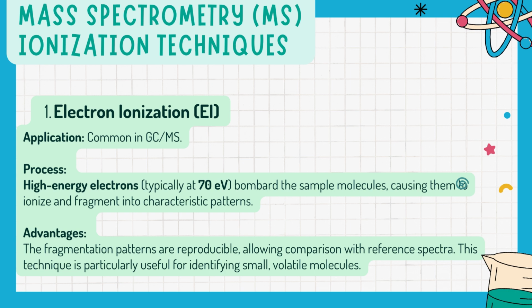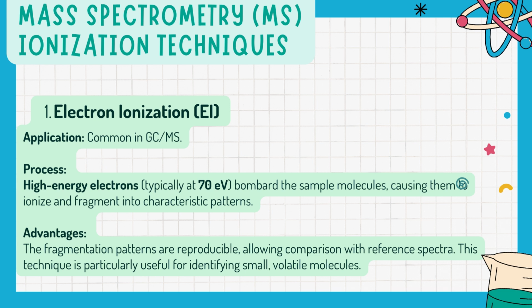So here for our EI, or electron ionization, this is a common ionization technique, guys, used in mass spec, especially for analyzing small to medium-sized molecules. The process involves sample introduction: the sample is introduced into the ionization chamber, usually in a gaseous form.